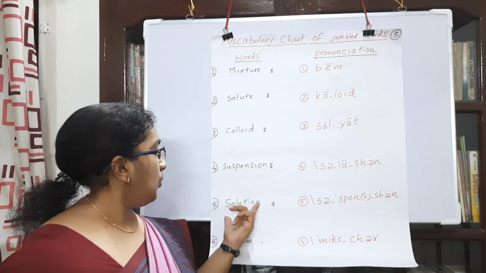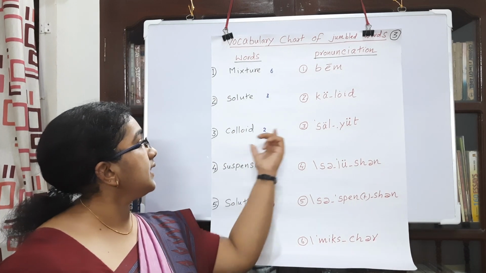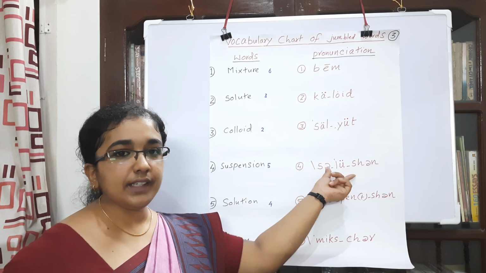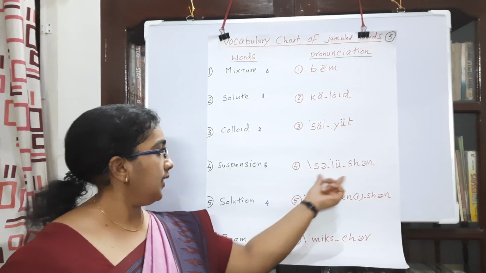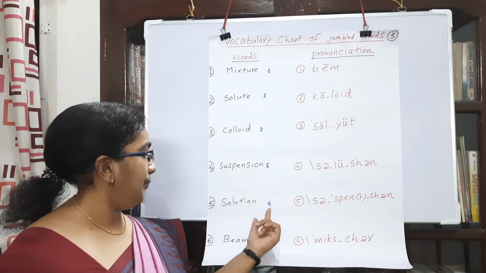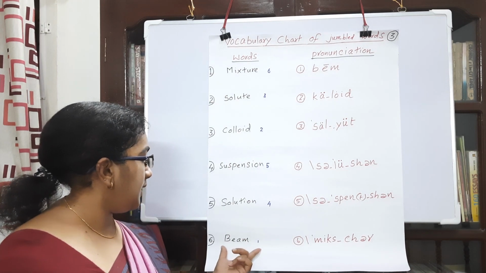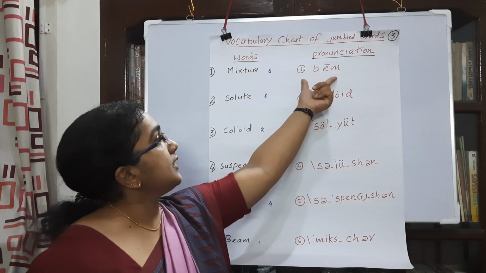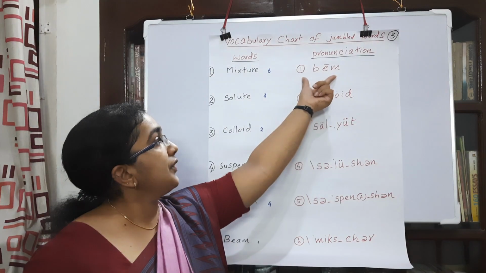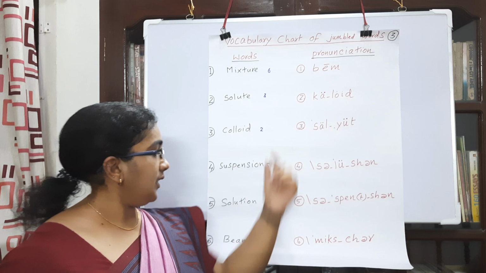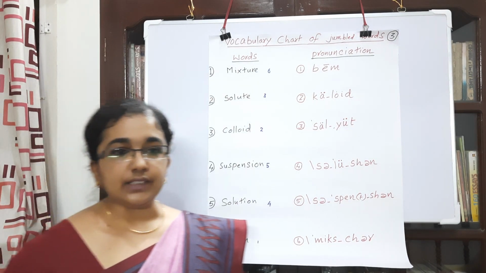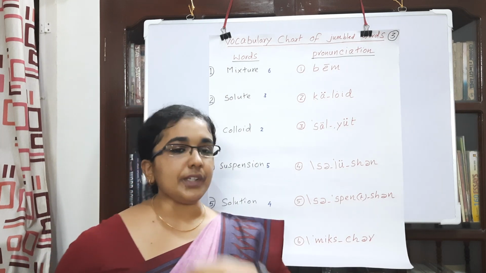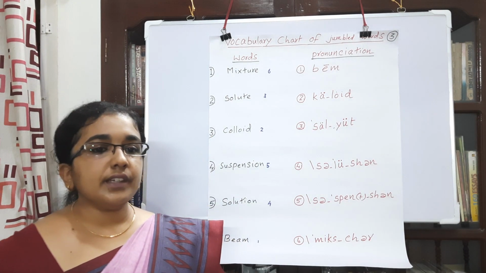For this, the correct pronunciation is solution. Correct answer is 4. And finally, for BEAM, it is this first one, beam. So 1 is the correct answer. Is it clear? Very good.